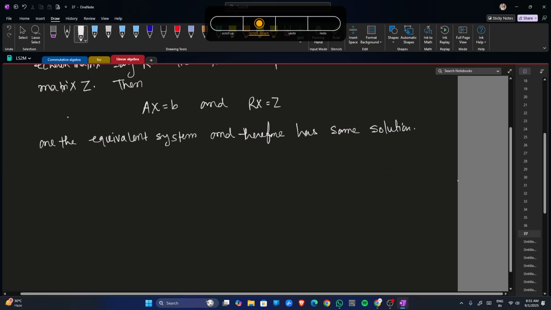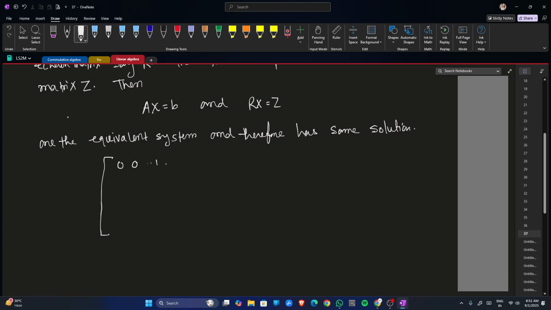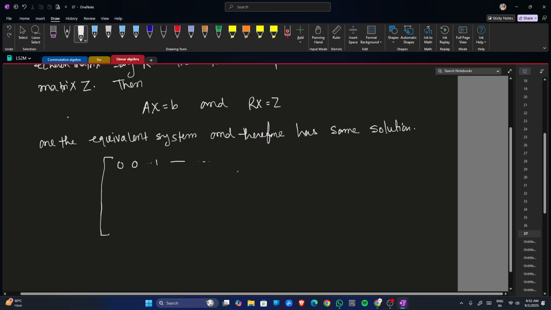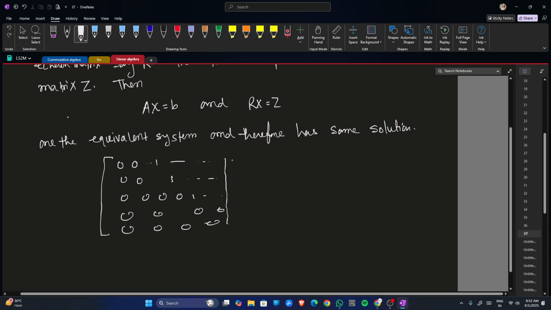Suppose we get something like this: zeros, somewhere a 1, zeros, here a 1, with Z1 to Zn in the last column.